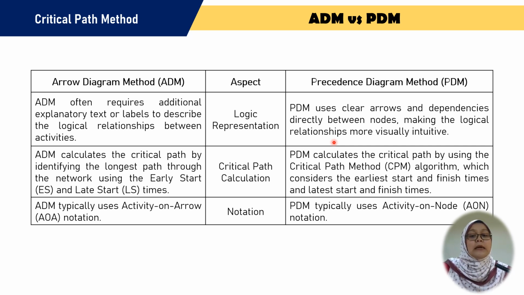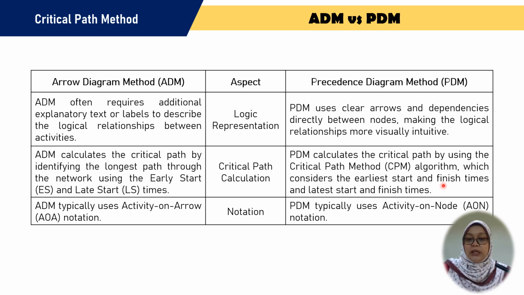And in critical path calculation, ADM calculates the critical path by identifying the longest path through the network using the early start, ES, and late start times. While PDM calculates the critical path using the critical path algorithm, which considers the earliest start and finish times and latest start and finish times.